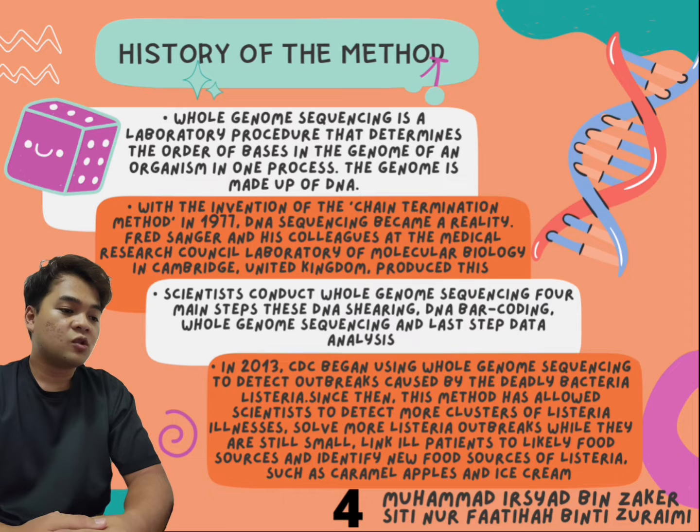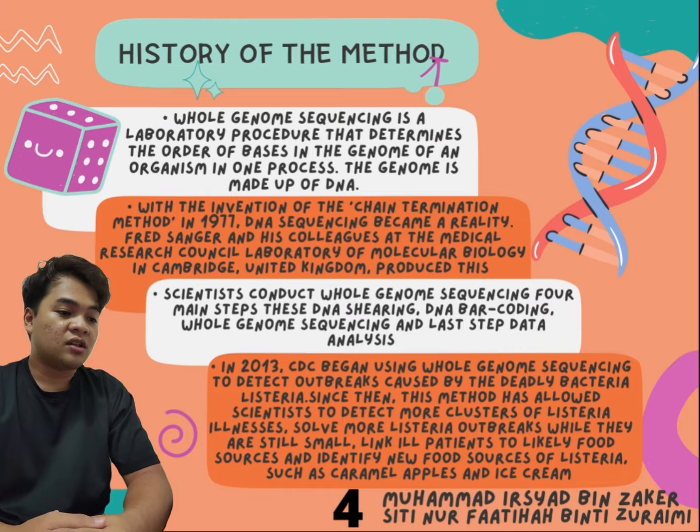Whole genome sequencing is a laboratory process that determines the order of bases in the genome of any organism in one process. With the invention of the chain termination method, sequencing became a reality.